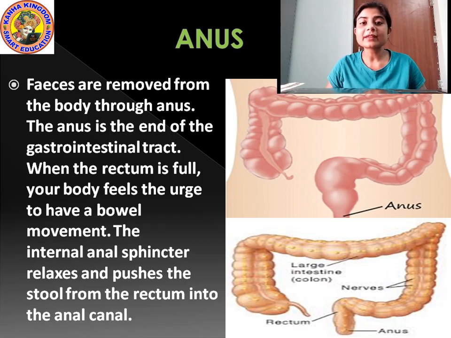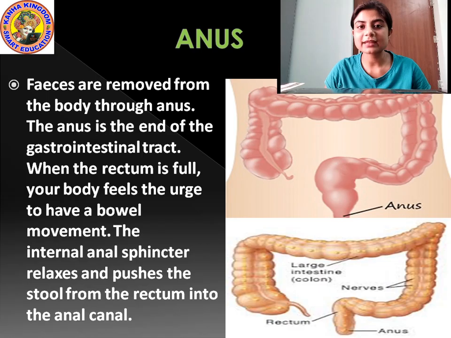The feces that is formed in the large intestine, the undigested food, the undigested nutrients, passes through the rectum. You can see in the picture, it passes from the large intestine to the rectum, where these feces are excreted from the body in the form of stool from the anus.